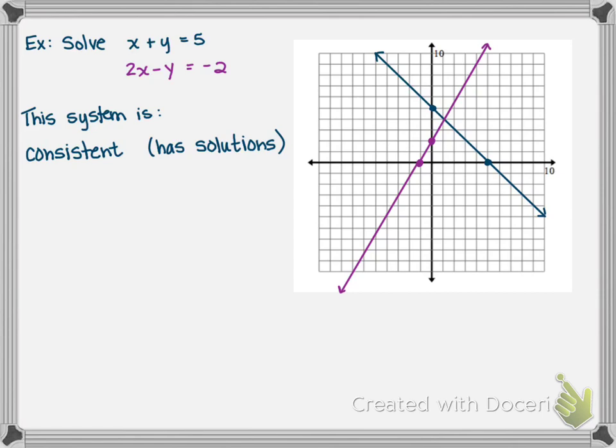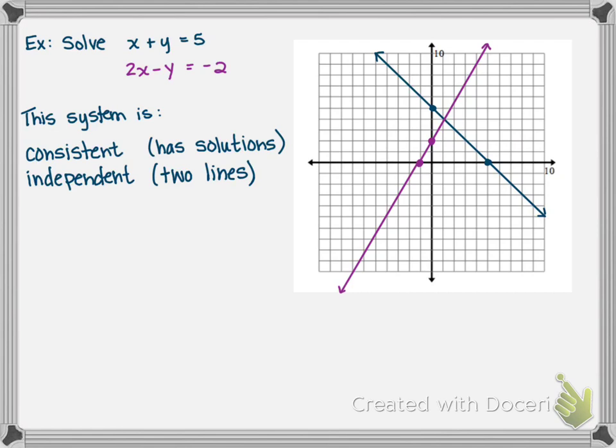And then in this case, it is also independent. Which means we have 2 lines. It is possible to have a dependent system where both equations represent the same line, so you just end up with 1 line.